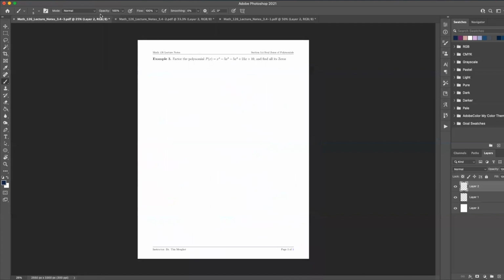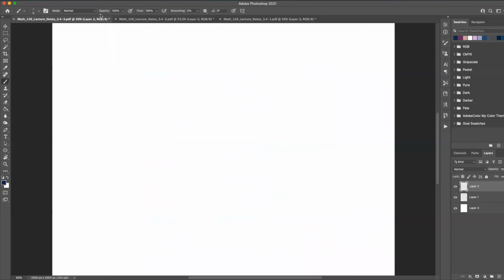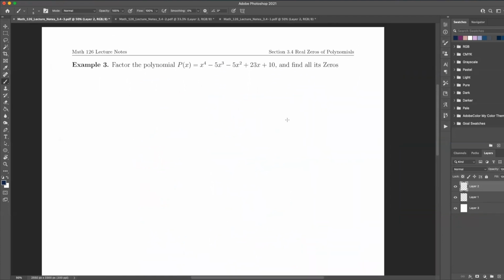All right, so let's do one last one. Let's find all the factors of this. And so here I have P is 10. So you just look at the last one, it's 10. So my factors here, and then here I have another one of 1. Just make life easy for us.